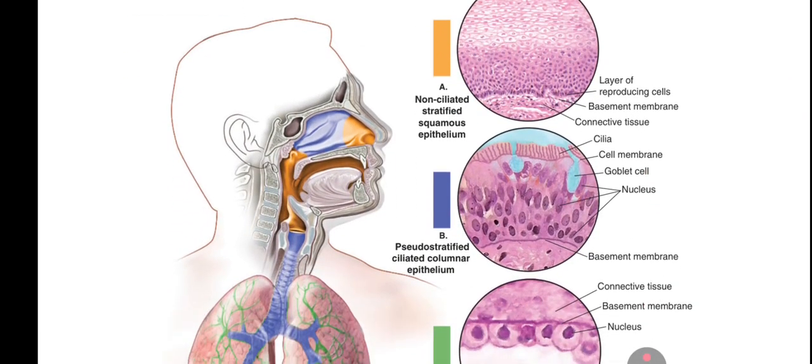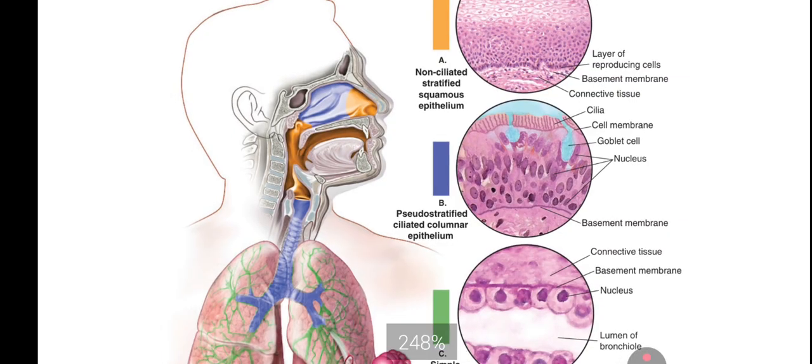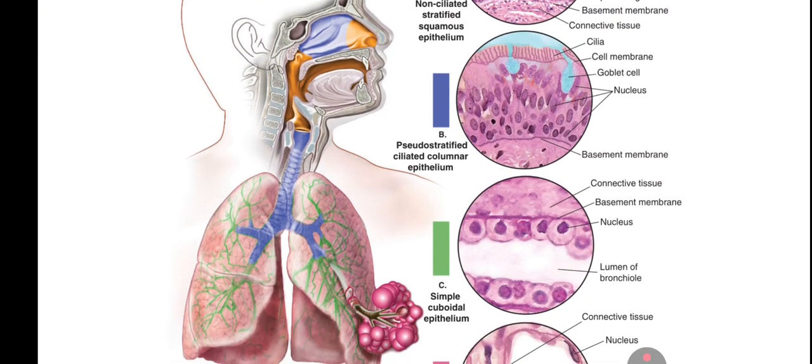Okay, so here we have our lining. Last time we described that the anterior 1/3 of the nose is covered with stratified squamous epithelium. I've memorized that. And the 2/3 are lined with pseudostratified ciliated columnar epithelium.